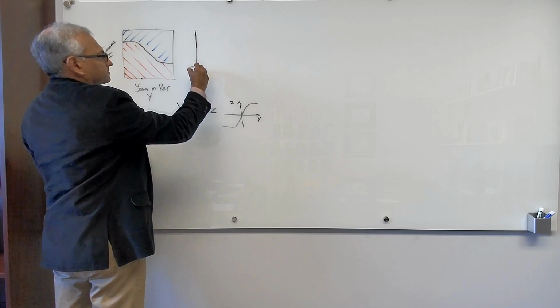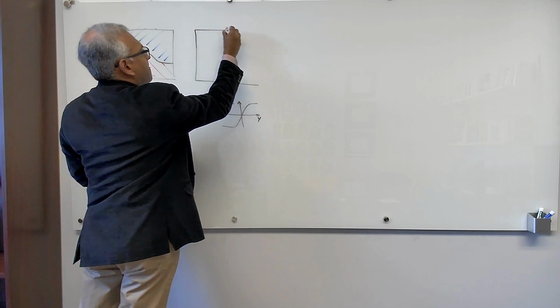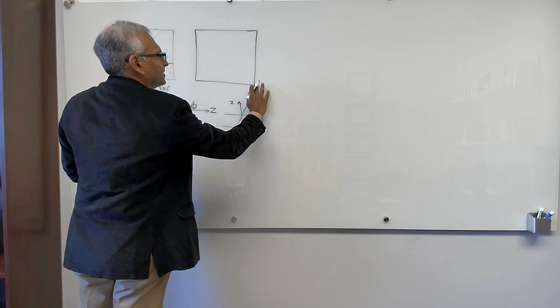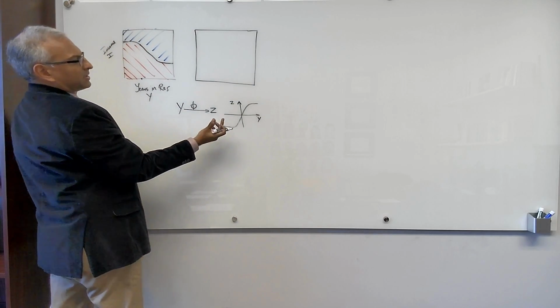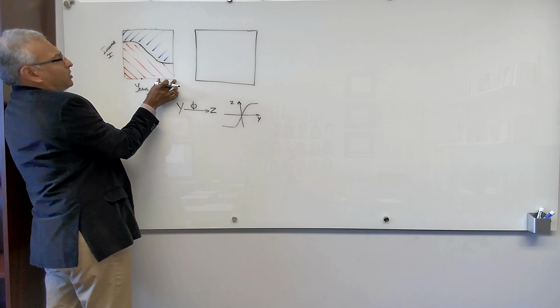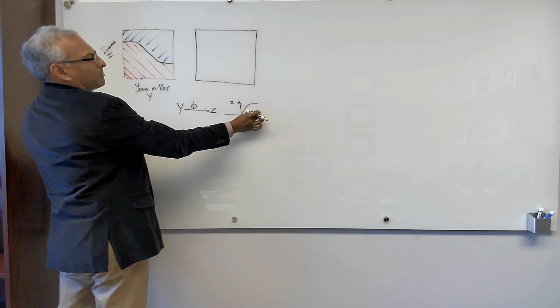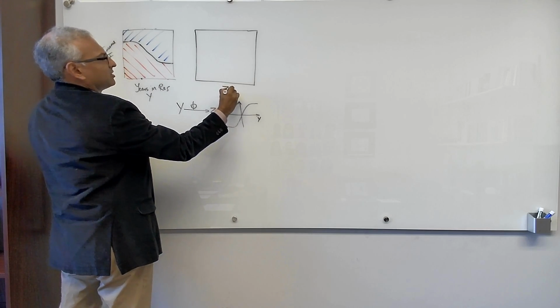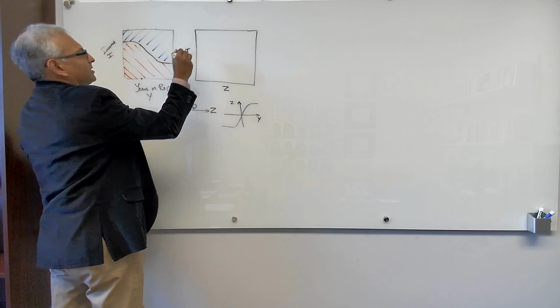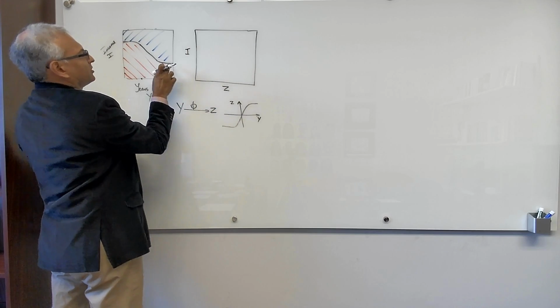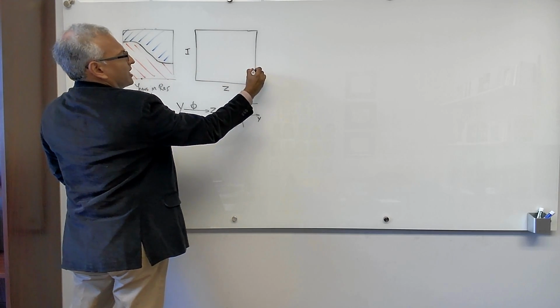Here's what it will do. These y values all get bunched up, and they all map to the same z value. So if I look at z on this axis and the income I, the z values corresponding to all of these are some value.